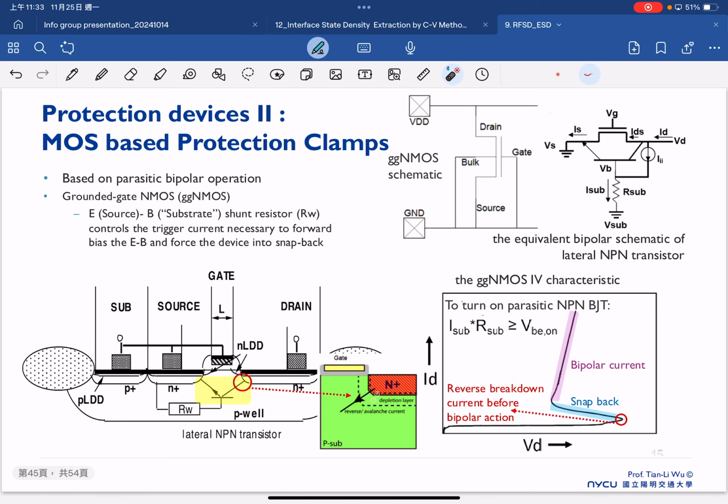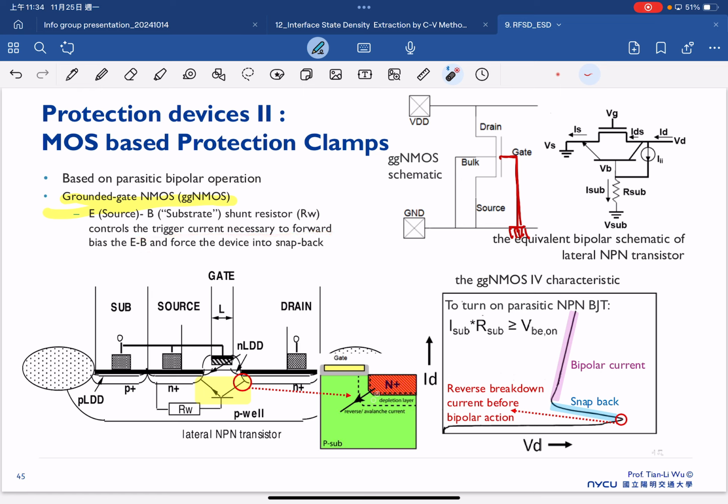Here is another example related to MOS-based protection. Previously we used a diode, and now we use a grounded gate MOS. The grounded gate MOS is similar, trying to make sure that we actually ground here. The source and substrate shunt resistance control the trigger current necessary for forward bias of this region and then force the device into snapback.